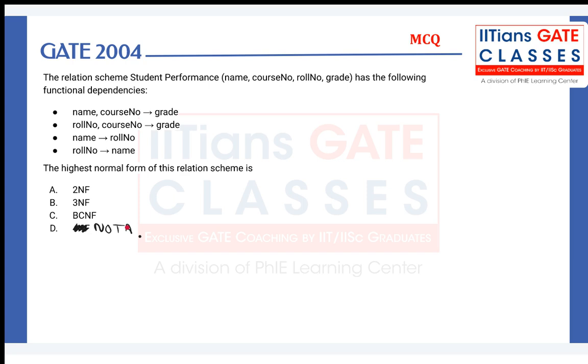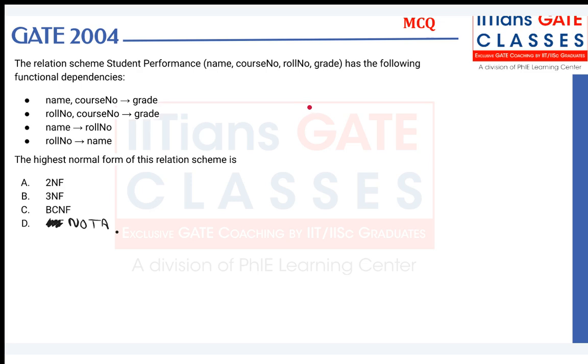Okay. So you guys are saying that the candidate keys are name, course number, roll course number. Okay. Let's directly check for 2NF. Prime attribute to non-prime attribute.